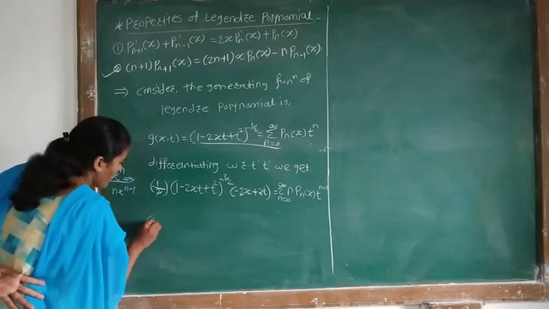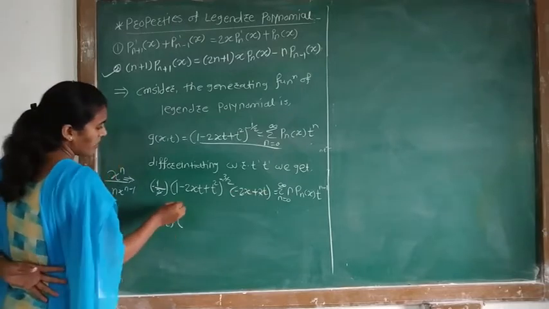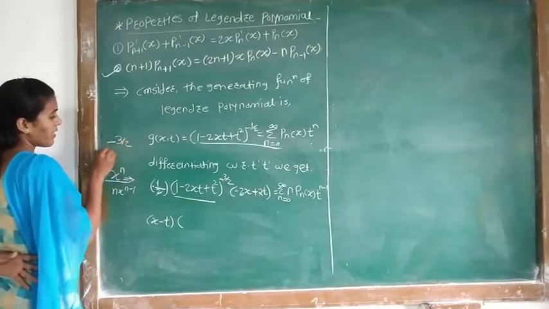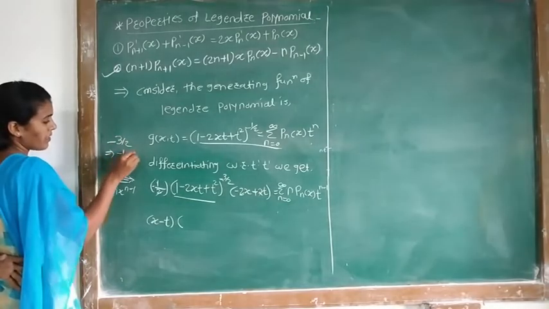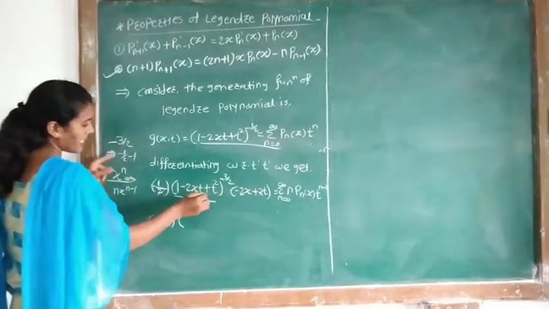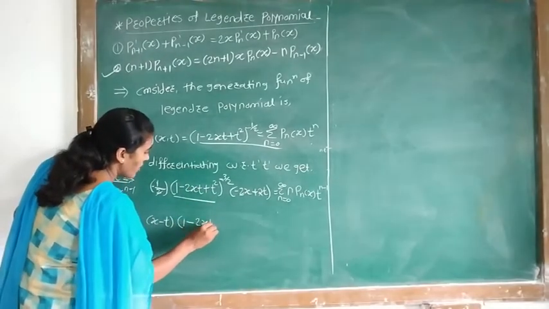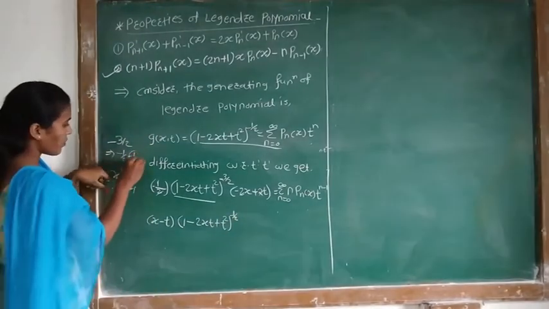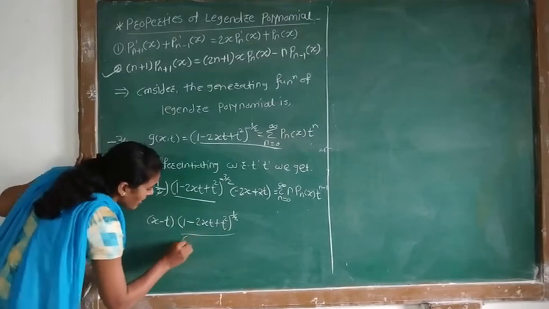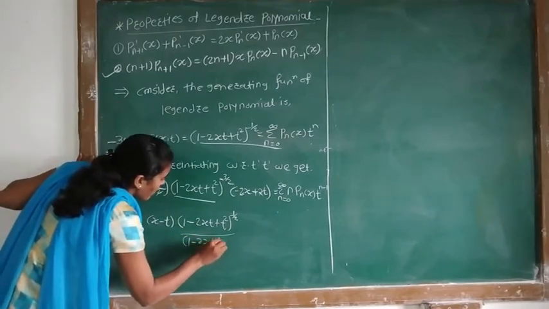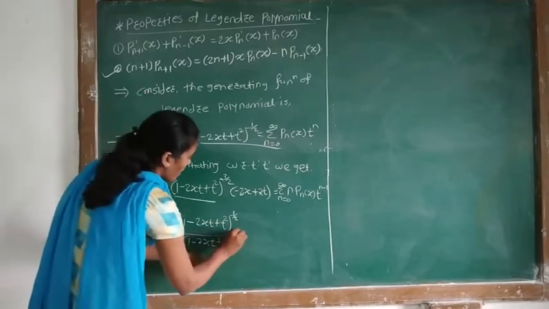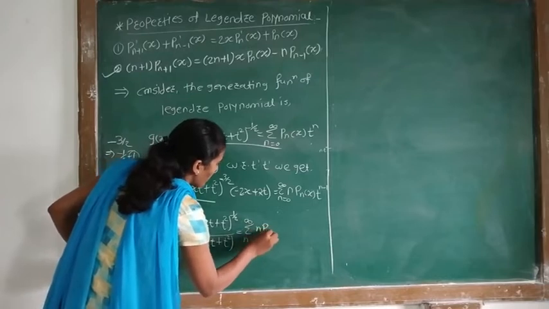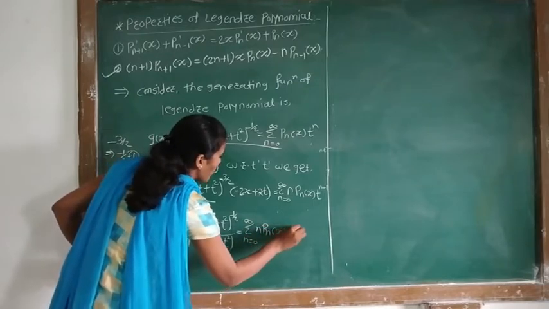Therefore, we write x minus t into 1 minus 2xt plus t square raised to minus 3 half, where minus 3 half comes from minus 1 half minus 1. Therefore, I will write the denominator 1 minus 2xt plus t square is equal to summation over n is equal to 0 to infinity n Pn of x t raised to n minus 1.